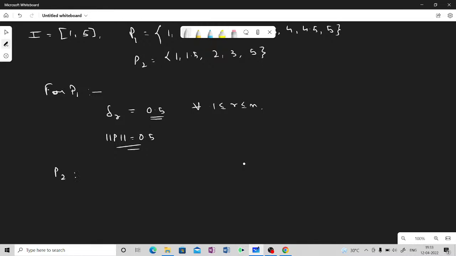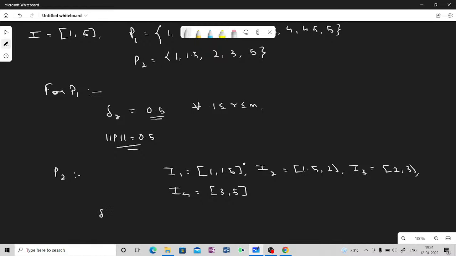But in case of P2, what are the subintervals which we can find? The first subinterval is 1 to 1.5. The second subinterval is 1.5 to 2. The third subinterval is 2 to 3. And the fourth subinterval is 3 to 5. Right. So respectively, what is delta 1? 0.5.